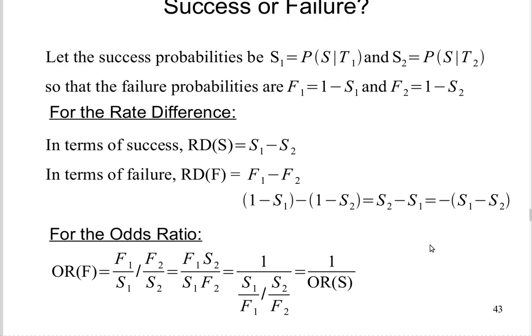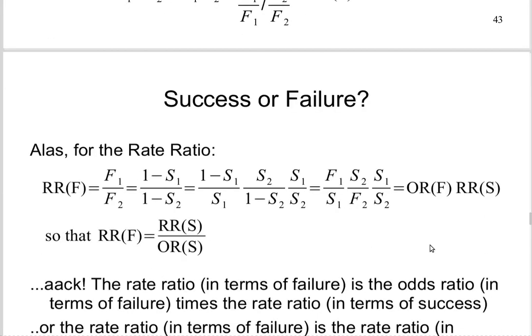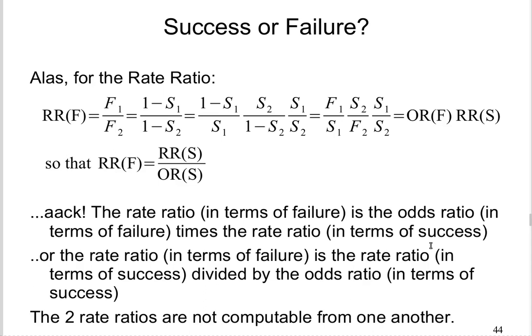Very simple. Unfortunately, we do not have this nice simple relationship with the two rate ratios. In fact, it is a fairly elaborate set. For example, the rate ratio in terms of failure is the odds ratio in terms of failure times the rate ratio in terms of success. In other words, one rate ratio is not computable from the other. Ouch.